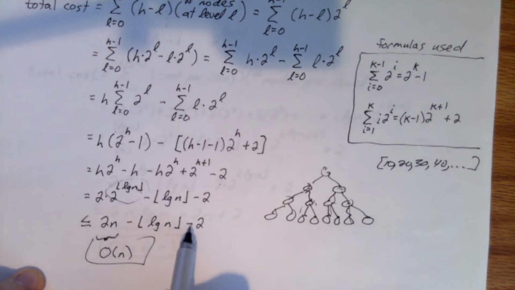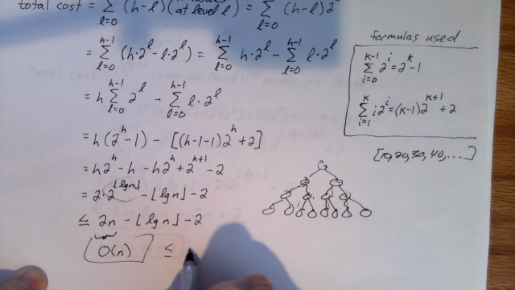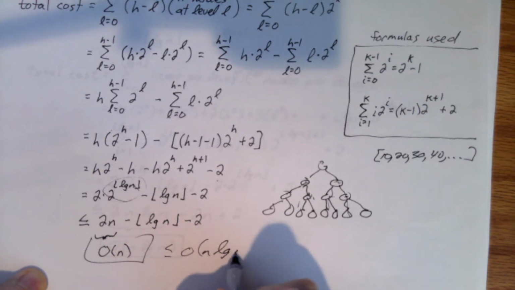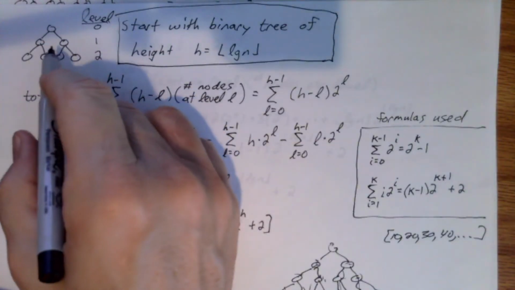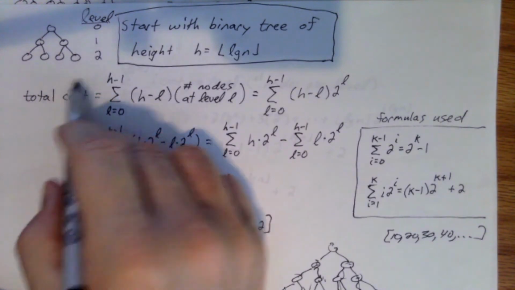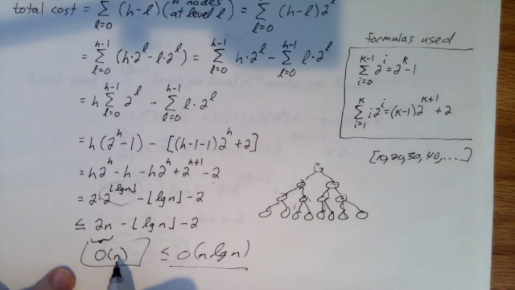And if we look at this, the dominant term is big O of n. So it's this right here. That's the dominant term, which gives us a big O value of n as opposed to n log n. Technically, this right here is less than or equal to big O of n log n, so that is still true, but this is a tighter bound, which shows that the approach where we build the entire binary tree and then heapify it actually has a lower average cost, or in this case, worst case, a lower cost.